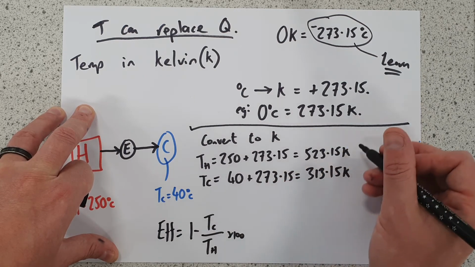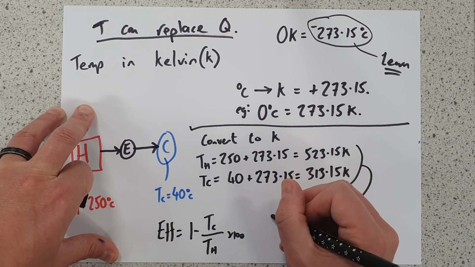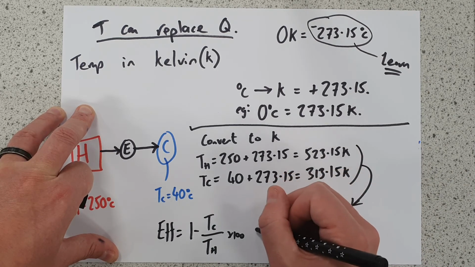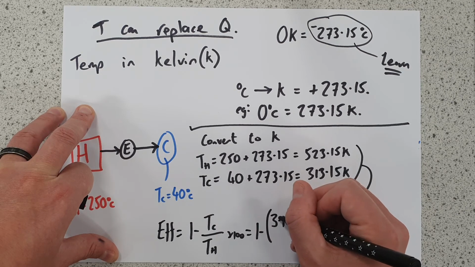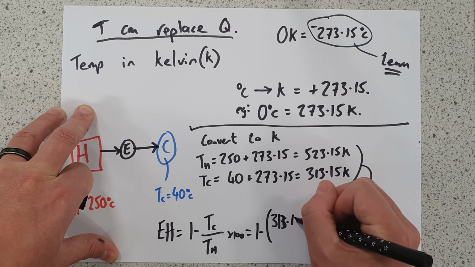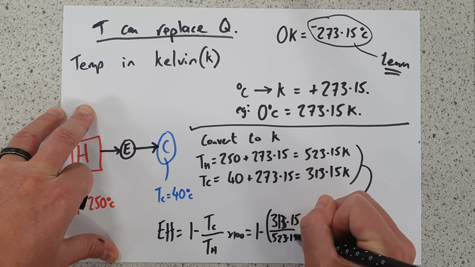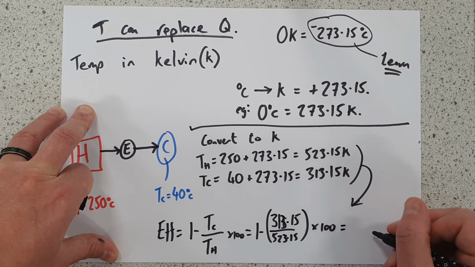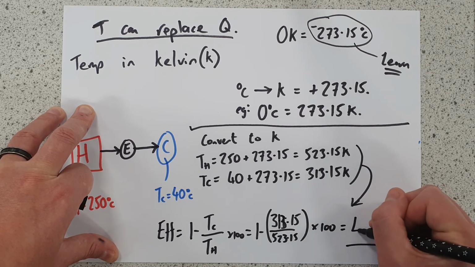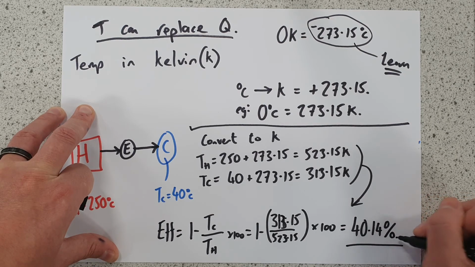So in this case, we take these numbers and we plug them in, and this gives us 1 minus 313.15 all over 523.15 times 100, and this gives us an efficiency of 40.14%.